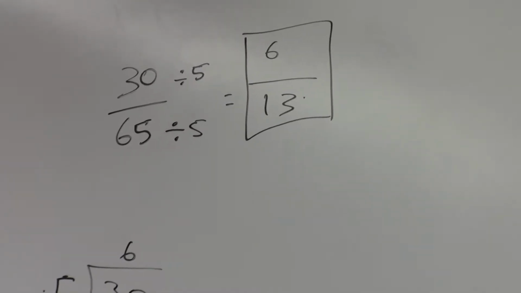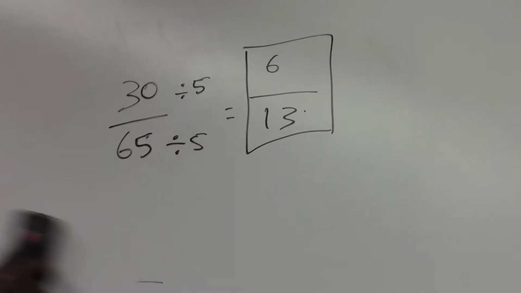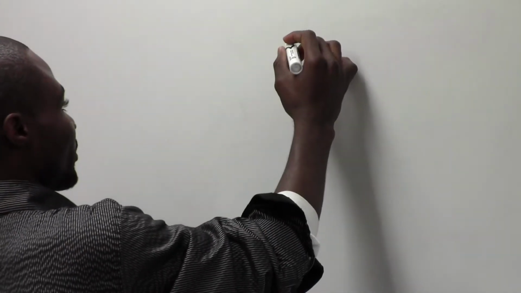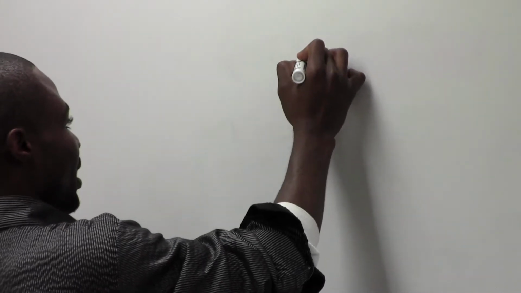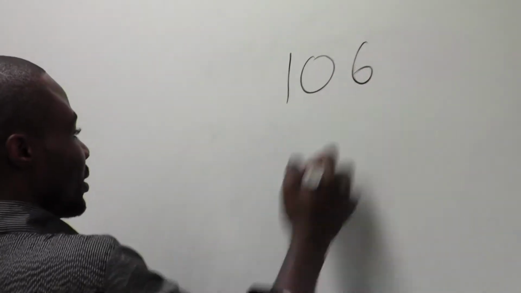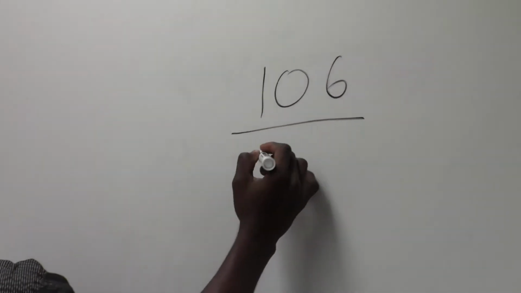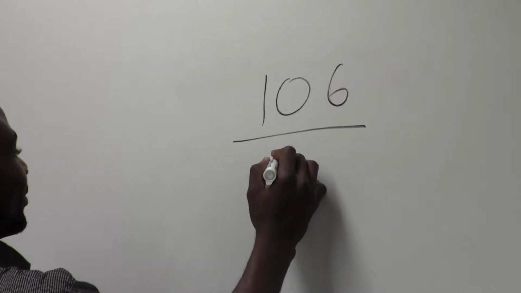Let me do another example. I'm going to pick bigger numbers this time. Let's say we have 106 over 80.